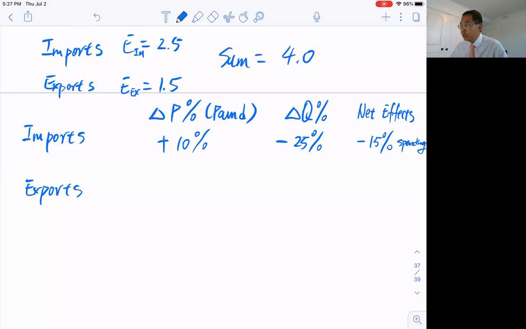Now, exports, so there's 0% change on the pound price of exports, but in foreign, so pound prices don't change, but to foreigners, it does take 10% less of their own currency to buy the British products now because of the 10% depreciation.